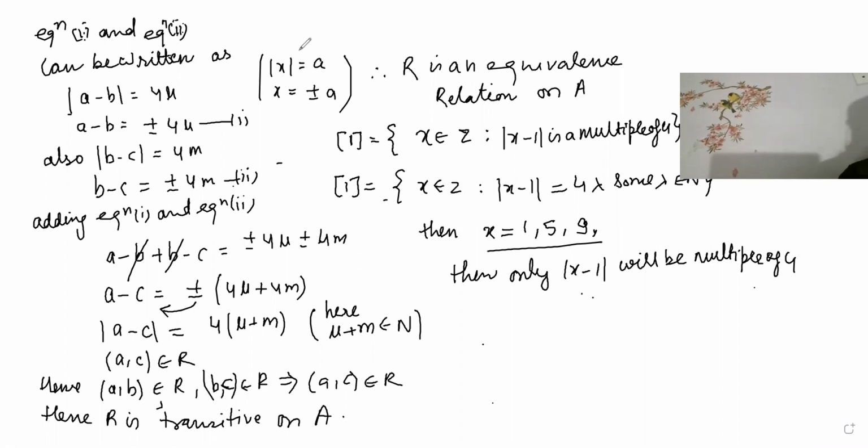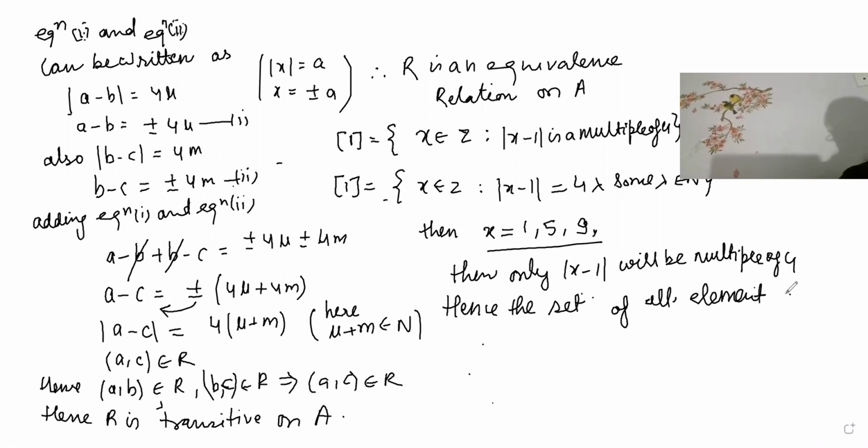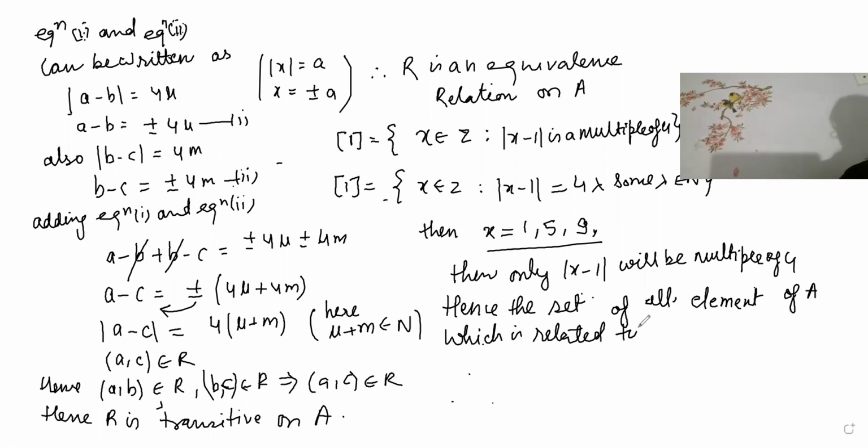Okay, so the final statement: hence the set of all elements of A which is related to 1 is 1, 5, 9.